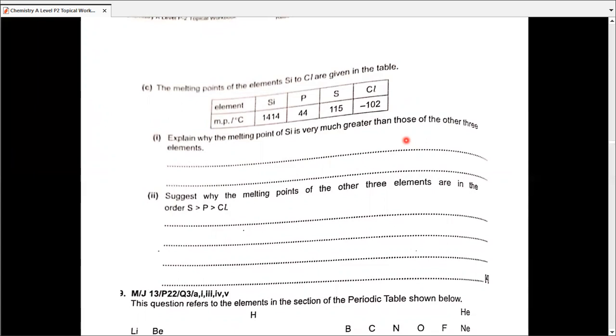So since it has a giant structure, it's more about bonding or the structure itself than it is of the other three. So what you're supposed to do is to start off with bonding. If you have enough space, which I really don't think you have, you can do that. See it like this. There are four kinds of crystals or structures in solids that we get.